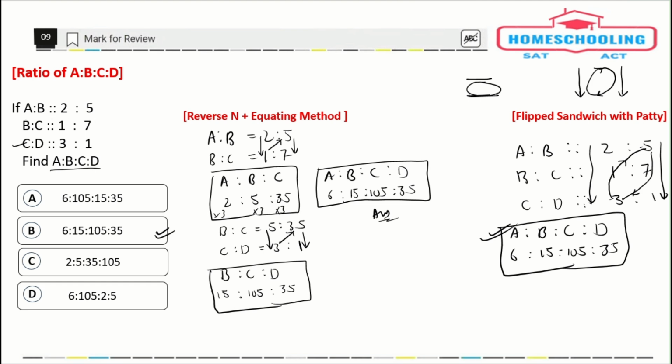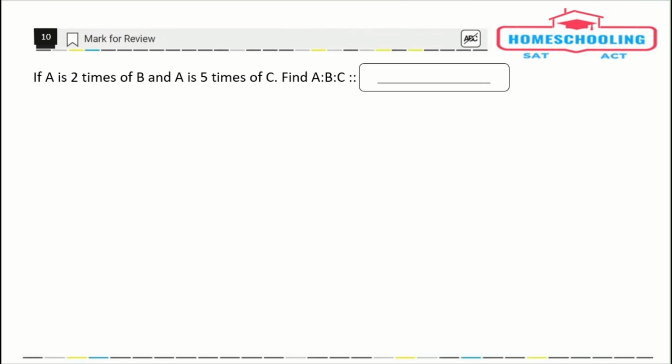Now moving to the next question. The question says that if A is 2 times of B and A is 5 times of C, find the ratio. What is A is to B is to C?